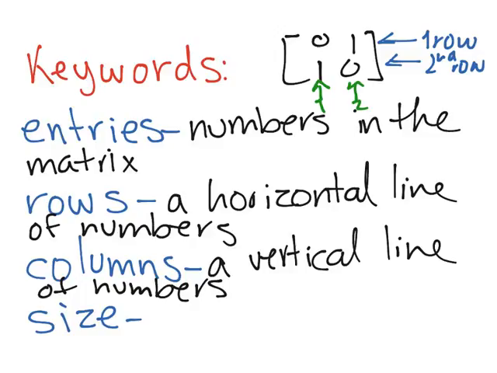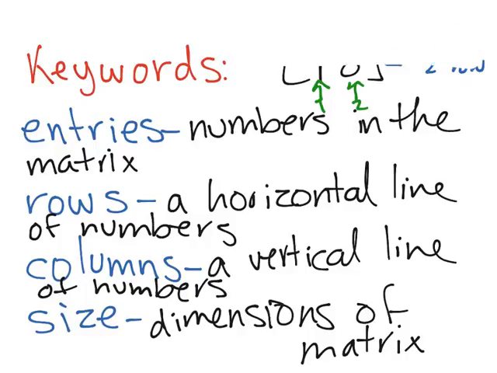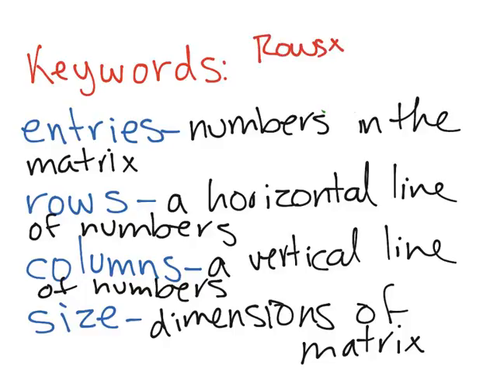Now size. The size is the dimensions of the matrix. The size will always be represented by rows times columns, so the number of rows times the number of columns. This is very important, so I'm going to put it right here.